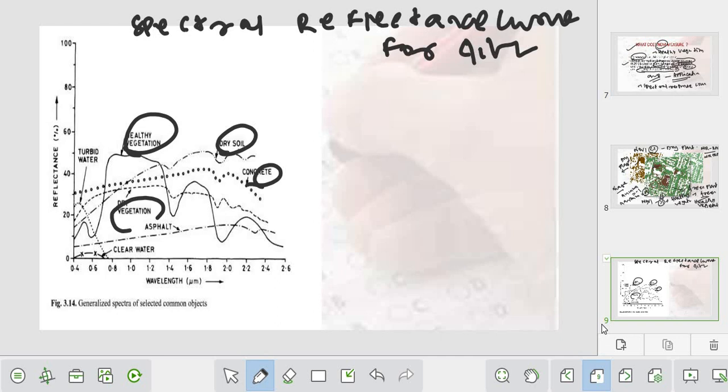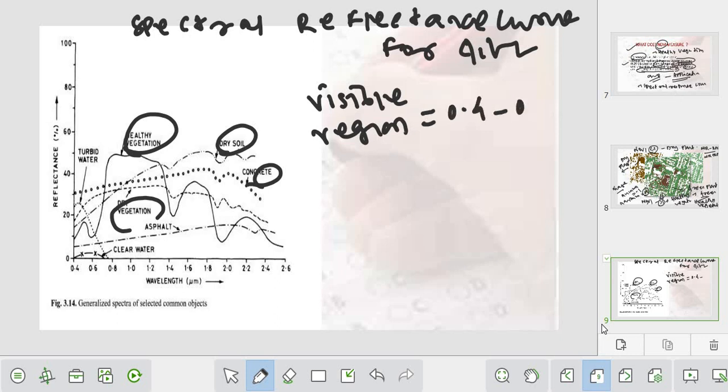Before going to the like main things, you know what is the visible region का wavelength क्या है. It is 0.4 to 0.7 माइक्रोमीटर है कि नहीं, और 400 to 700 नैनोमीटर. राइट. सो इट इज द विजिबल रीजन.